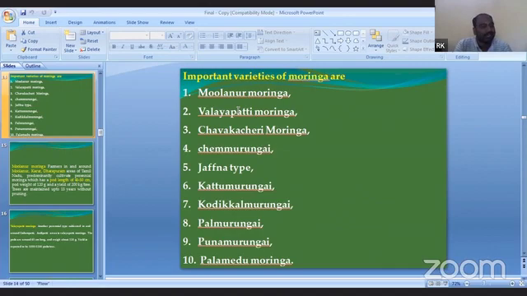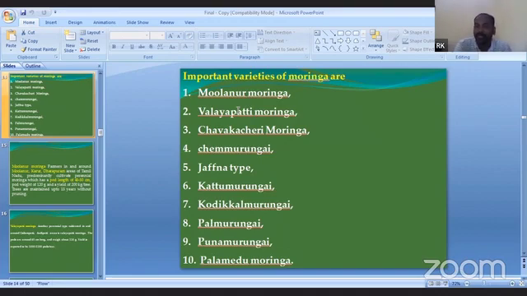And Katu Murungai. Katu Murungai is a wild one. We are discussing the wild Murungai. Katu means wild, it is a Tamil name. Murungai means Moringa. This is a wild Moringa.